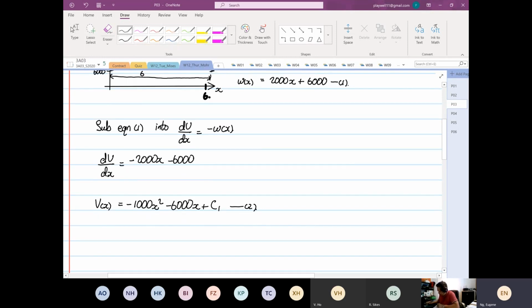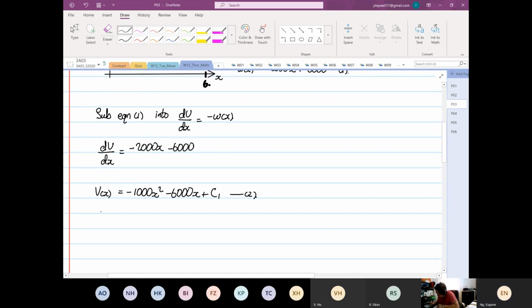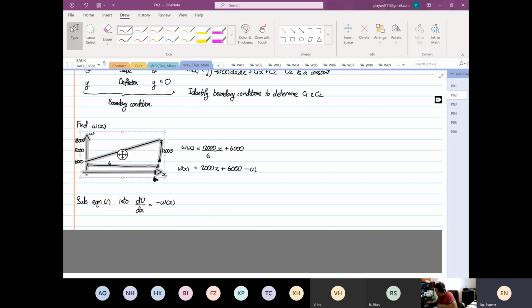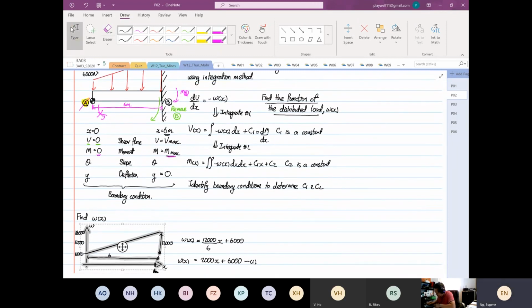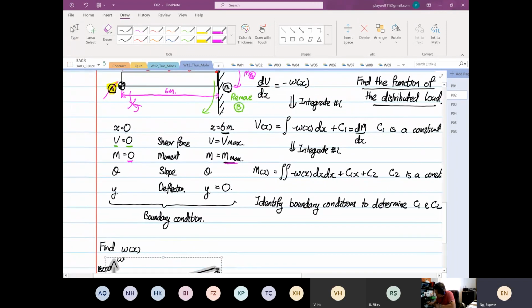So now we are going to substitute. I'm looking at my boundary condition now. We can substitute when x is equal to 0, v is also equal to 0 into equation number 2. If you look at the other page, that boundary condition is when x is equal to 0, v is equal to 0.